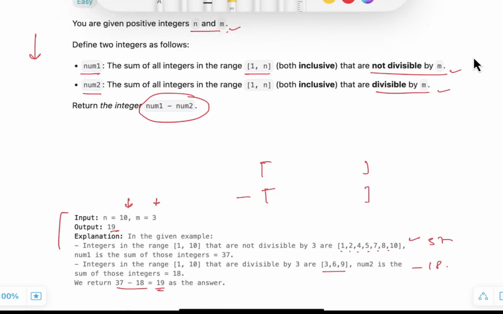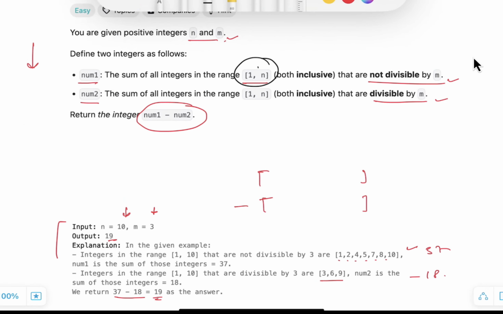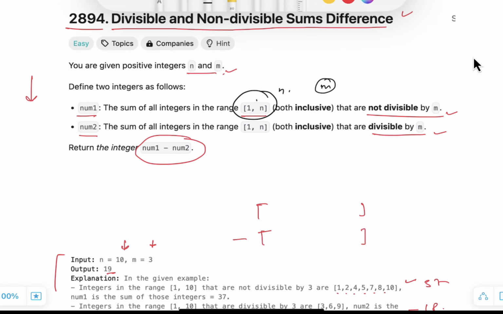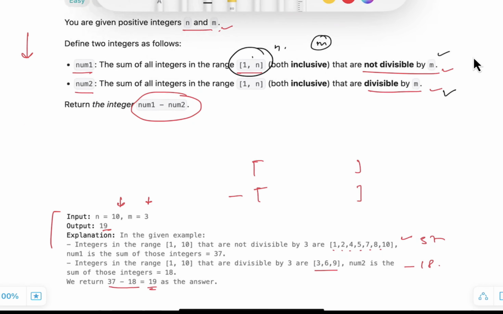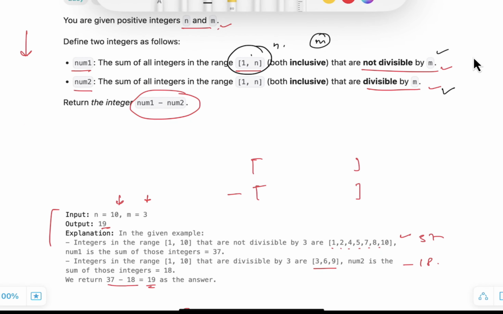See, what I'm concerned about is I have a range 1 to n. For that I am given this n variable, and apart from that I am also given a number m. What I have to do is find the sum of all the integers which are not divisible by m, and the sum of all the integers which are divisible by m. If integers are divisible by m, that is definitely going to start with m.